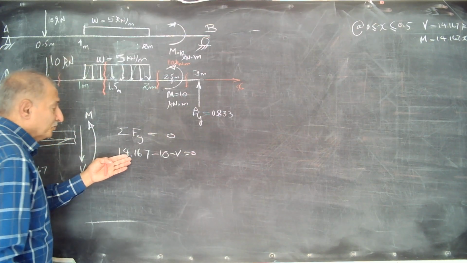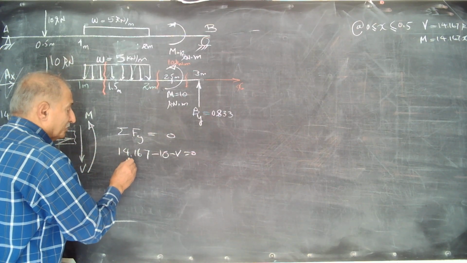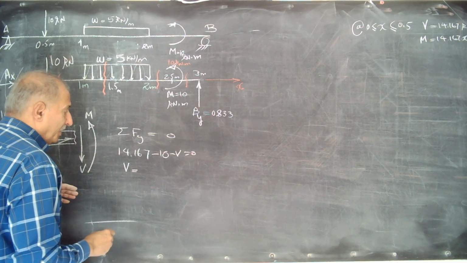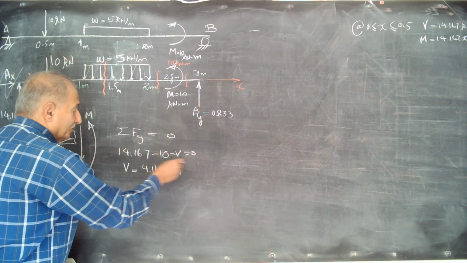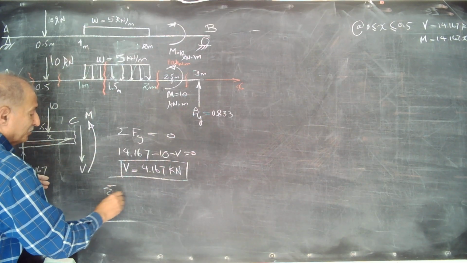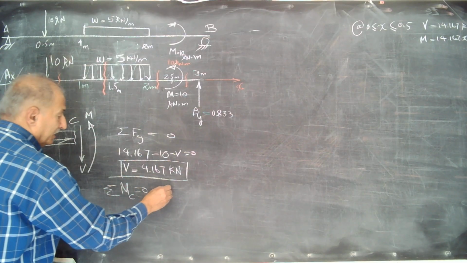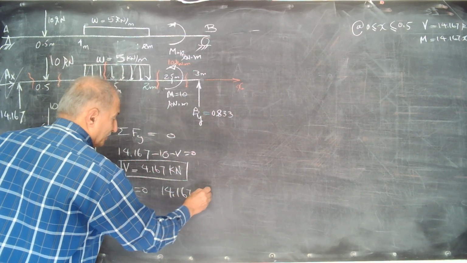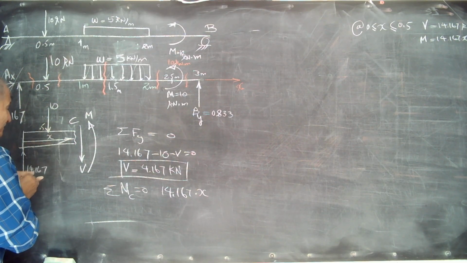Then the difference is 4.167 minus V. V is equal to 4.167 kilonewtons. What about M? Take moment at C equal to 0. You get here 14.167 times distance x plus 10 times this distance.